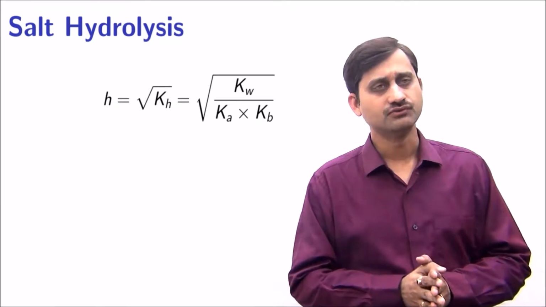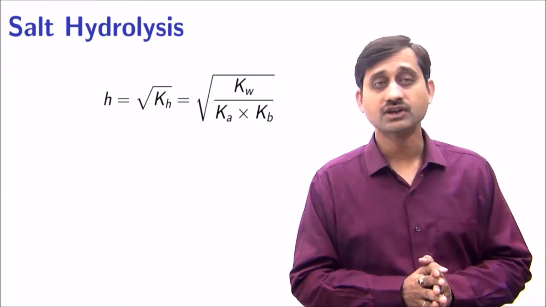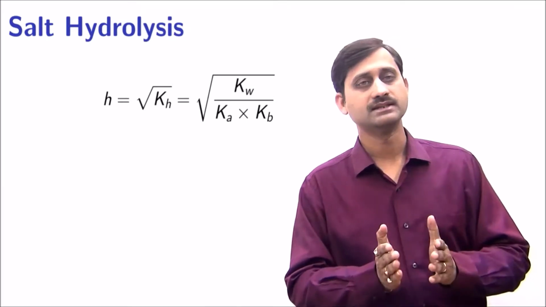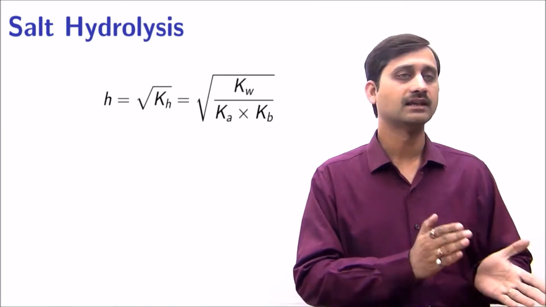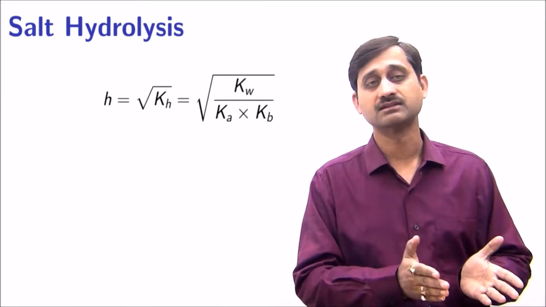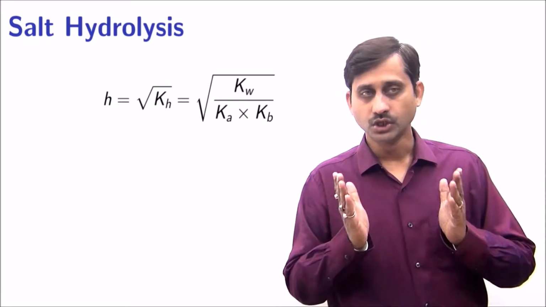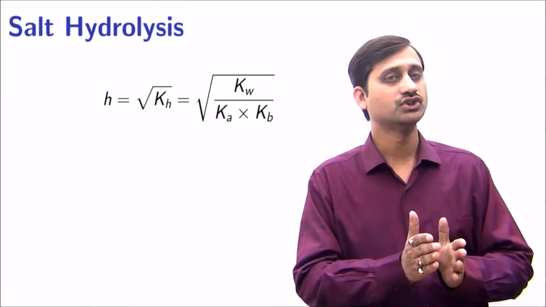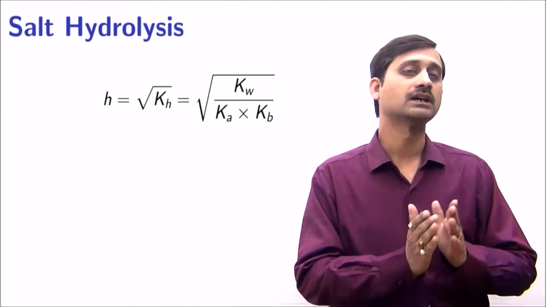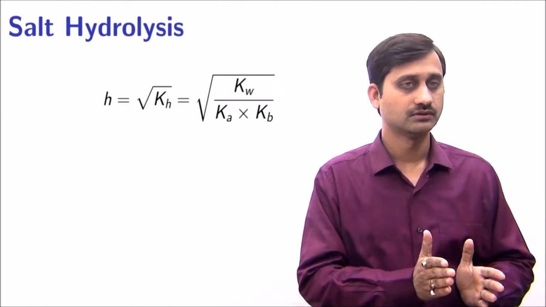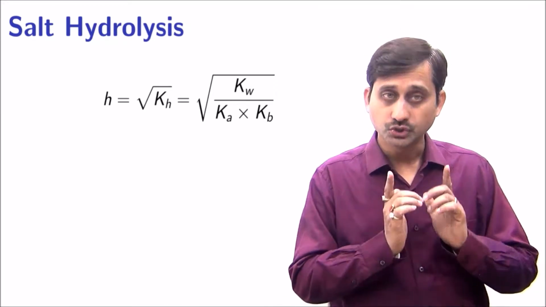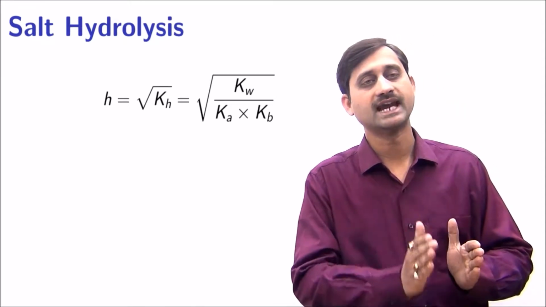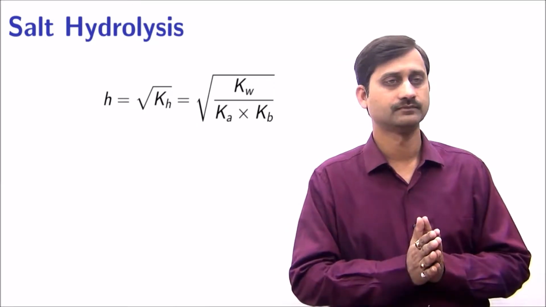This particular salt is neutral, but this is not a general case. Mostly, the acid or base is stronger than the other, and the solution might be acidic or basic. The notable fact in this case is the pH of the solution is independent of the concentration of the salt. Of course, we have to take the concentration high enough so the contribution from water can be neglected.